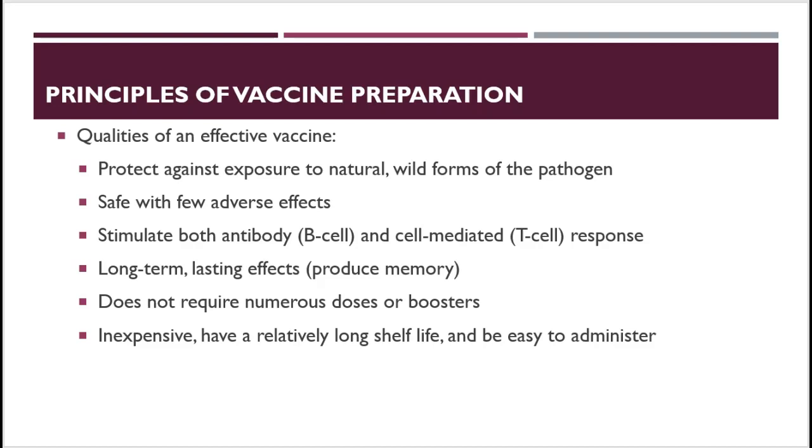We want a vaccine that is not going to require numerous doses or a bunch of boosters throughout the course of a person's life. And we also want it to be inexpensive, have a relatively long shelf life, and be easy to administer.